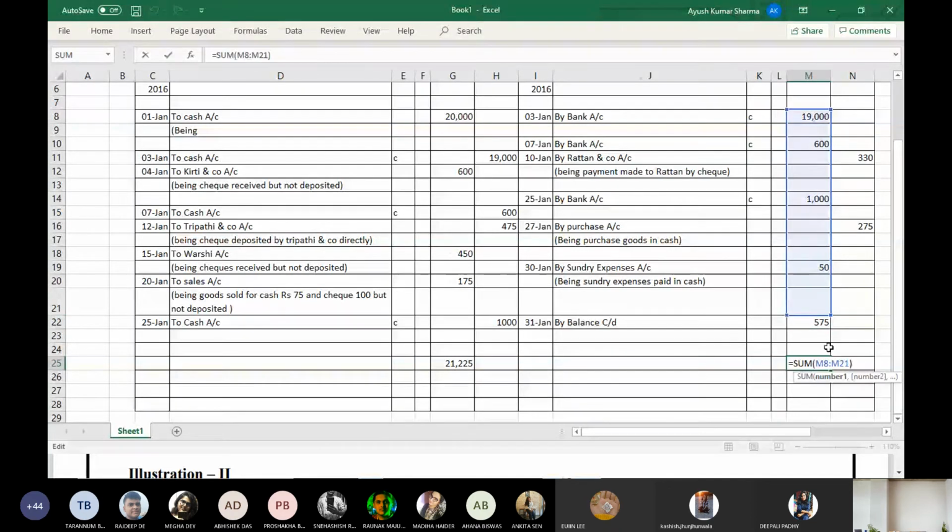The total of this side is 21,075. 21,075 minus 605 is 20,470.